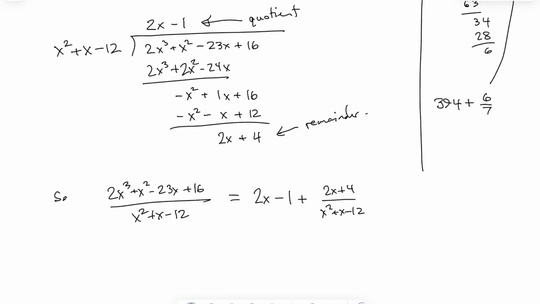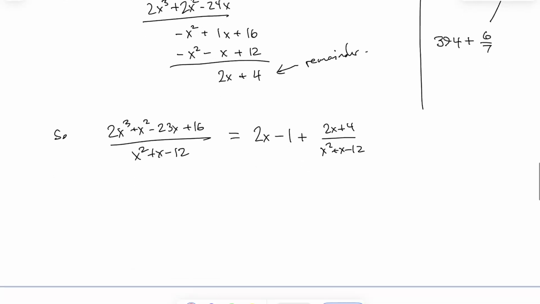All right? And now you can see, how would we do this if we were doing integrals here? To do all of these integrals, well, on the right side now, we have 3 terms. The first 2 are easy to integrate, and this one, we can do partial fractions on it now.